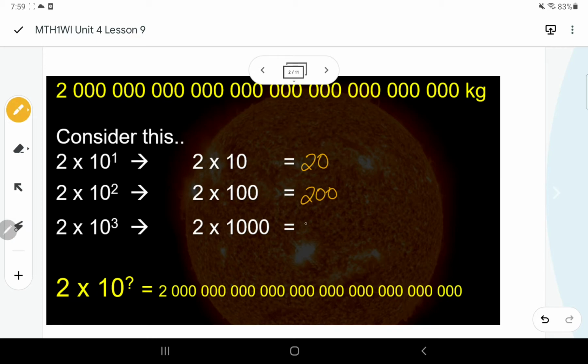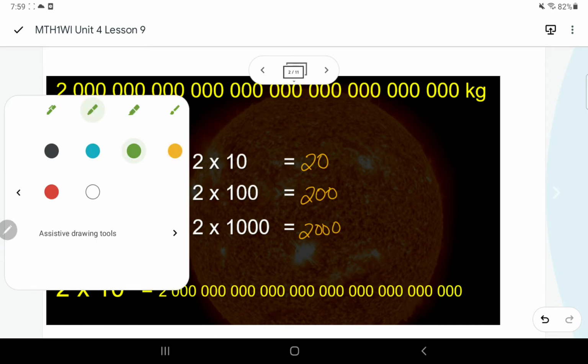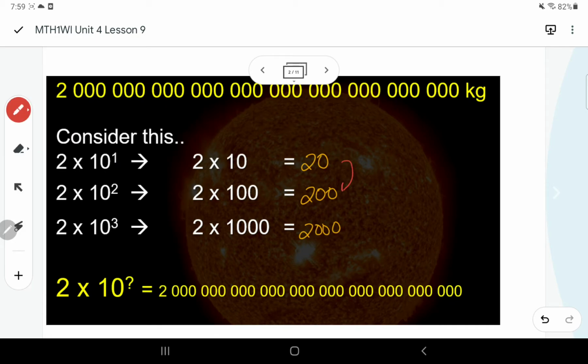So what's 2 times 1,000? That's 2,000. And you'll notice that as we go down here, this is adding a 0 at the end each time we multiply by a bigger exponent, every time we increase that exponent on the 10.